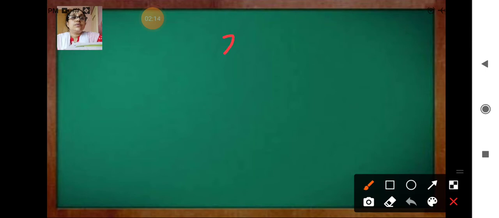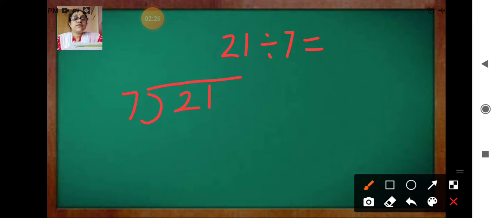Now 21 divided by 7 equals. Now what do you have to do? Make this box, write 21, then 7. Now say the tables of 7. 7 ones are 7, 7 twos are 14, 7 threes are 21.